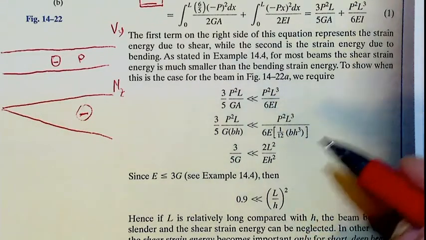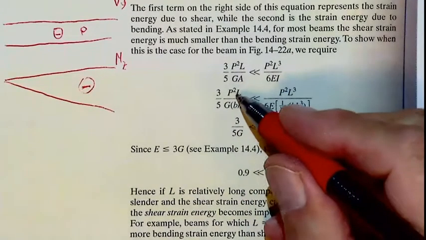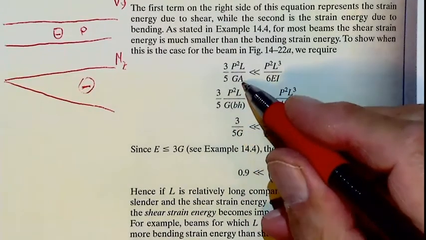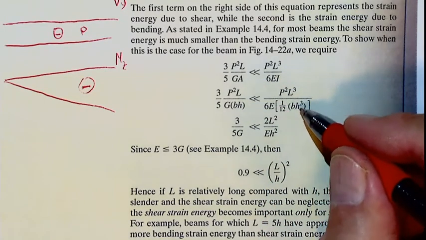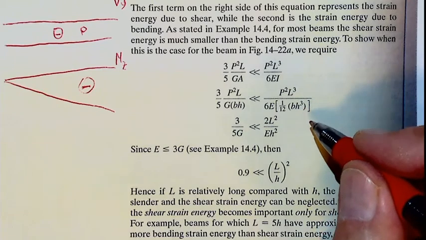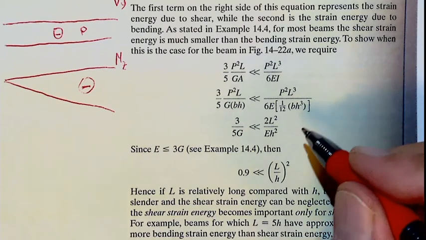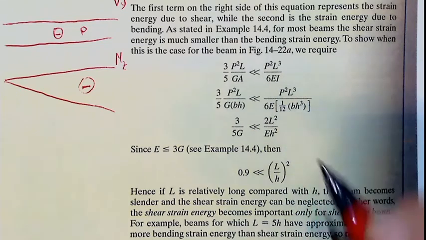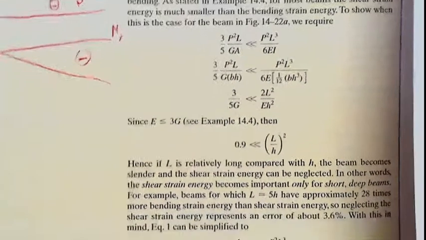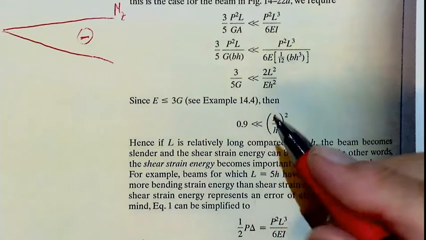Indeed, let us do the calculations. It will be 3P squared L over G, and the cross-sectional area is BH. The moment of inertia is 1/12 BH cubed. So when we cancel, for example, by L, here we get L squared. Then we get this value.